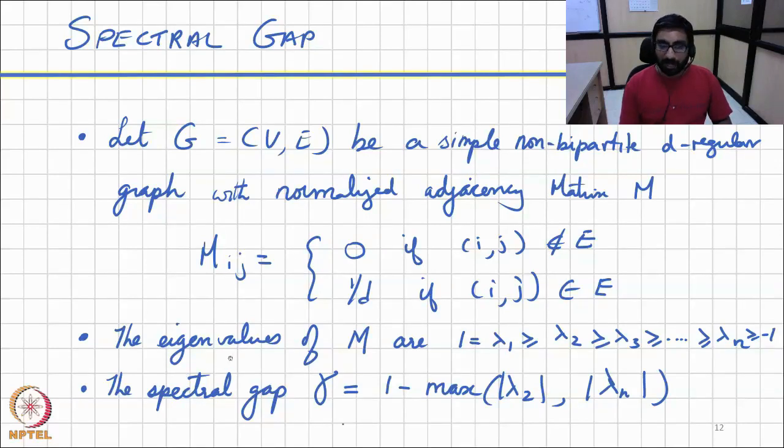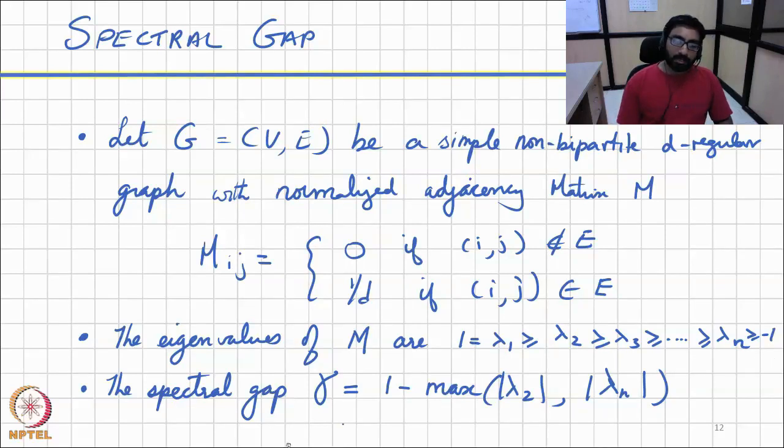So now let us consider the eigenvalues of this matrix M. This being a symmetric matrix with rows adding up to 1, what we're going to have is eigenvalues ranging from 1 to -1. The highest eigenvalue is going to be 1 itself, and the remaining eigenvalues are going to fall between 1 and -1. And in fact, because this is a non-bipartite graph, the least eigenvalue is actually going to be strictly larger than -1.